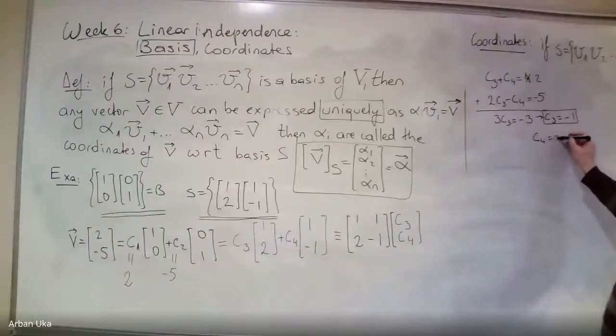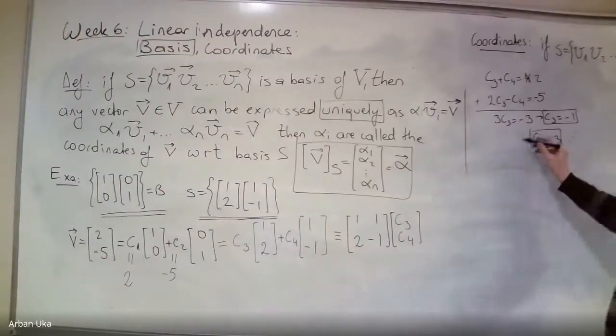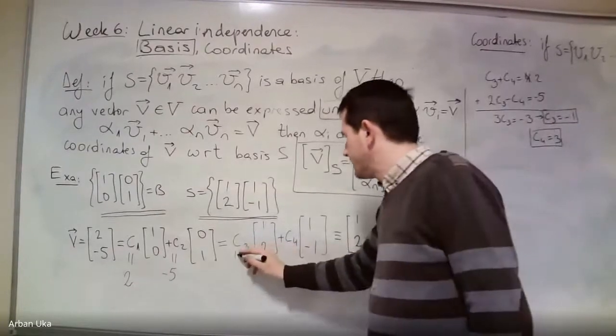We can just solve the system. If we add them, we get 3 C3 equal to -3, so C3 is equal to -1. And then we get that C4 is equal to 3.